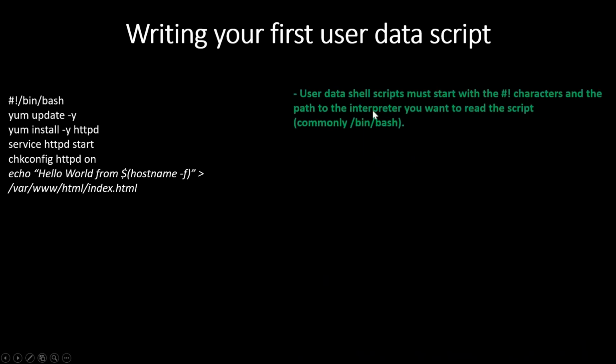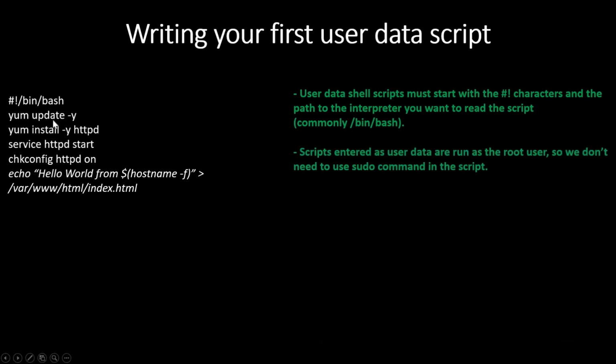As I said, a user data shell script must start with #! and the path to the interpreter you want to read the script, which is commonly /bin/bash. This #! is a special line at the beginning of the shell script that tells the operating system which interpreter to use when executing the script.